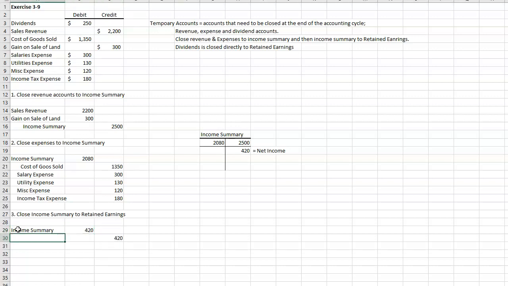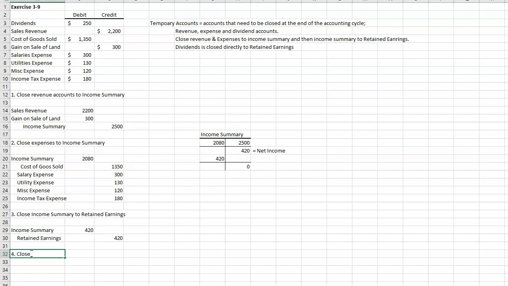And I'm going to credit retained earnings. And now when I post that, when I post the $420 and I balance again, my balance is now zero. Okay, so remember this income summary is only used for the closing process, and that's it. Once you're done with the closing process, it's back to a zero balance. So that's the only time you see it.